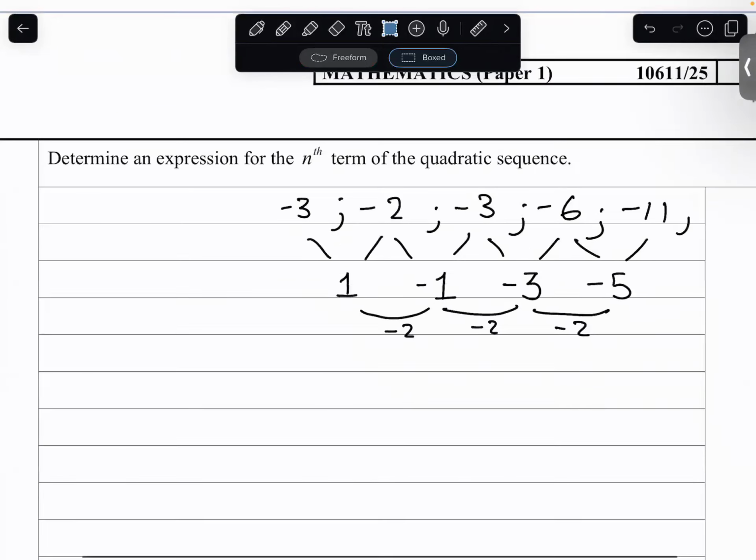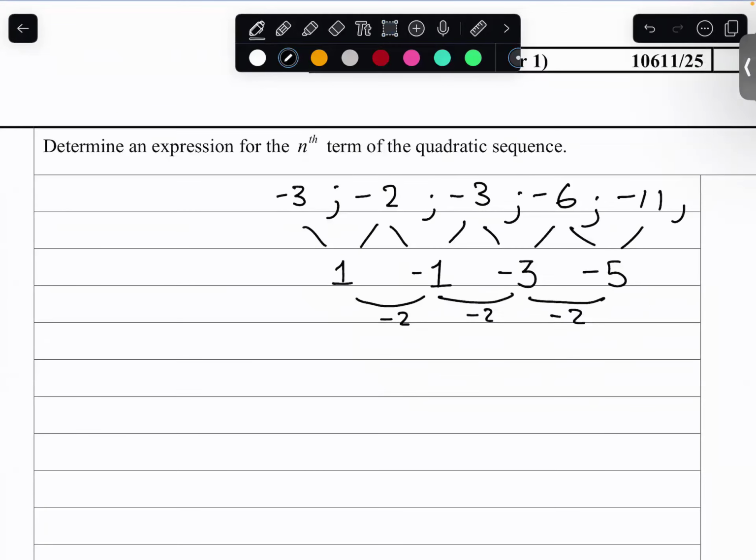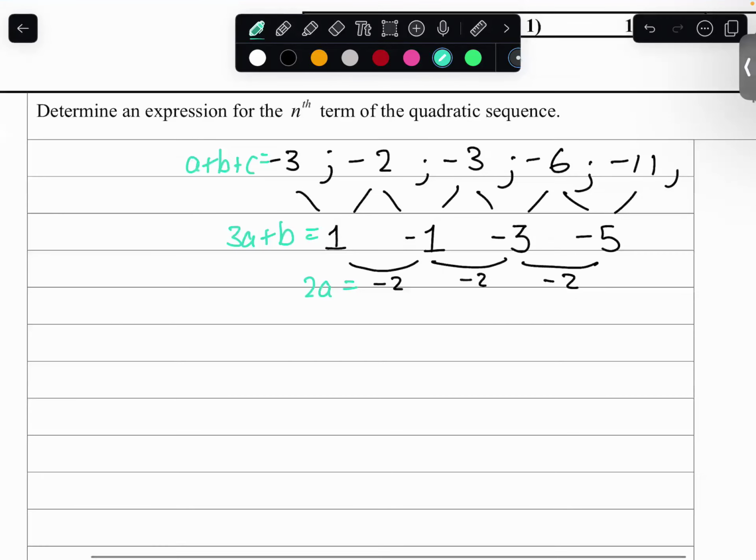All right. So to get the general term now of the quadratic sequence, remember we start at the bottom when we say 2a is equal to that, then we go 3a plus b is equal to that, and a plus b plus c is equal to that, right? And then we take each equation.